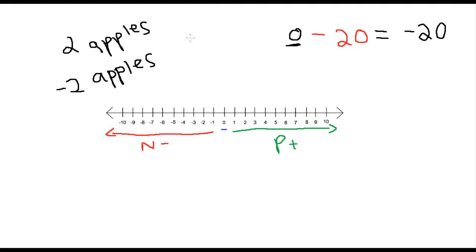Now, if you're somebody that had 2 apples, you have 2 physical apples. If you had somebody with negative 2 apples, not only does he not have any physical apples at all, but he's at a loss of 2 apples.